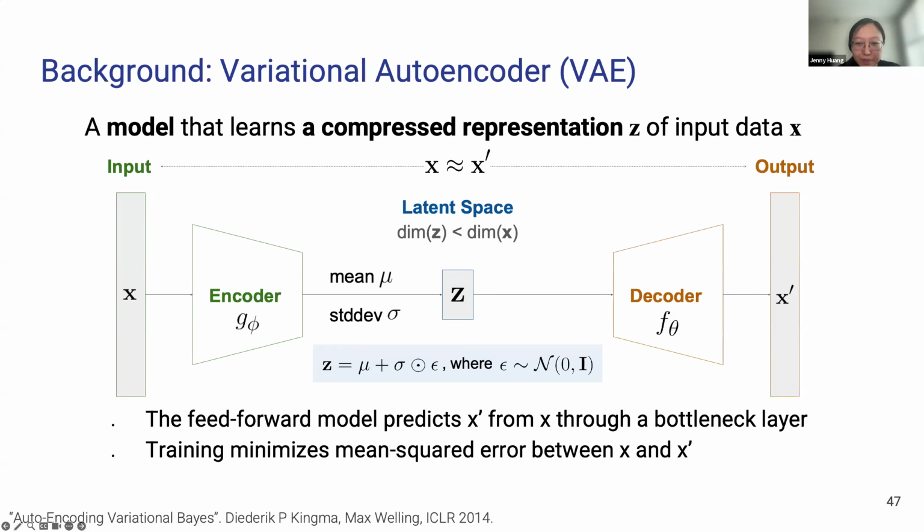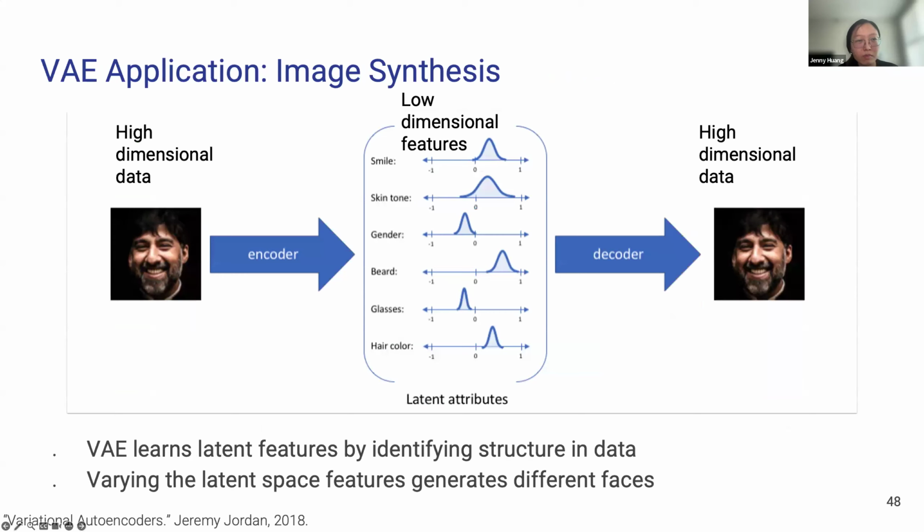What makes this model variational is that the encoder network predicts a mean and a standard deviation for a normal distribution, and the latent point is drawn from that distribution. This way, more points in the latent space can correspond to one original point in the original space. A popular application for VAE in the past was image synthesis.